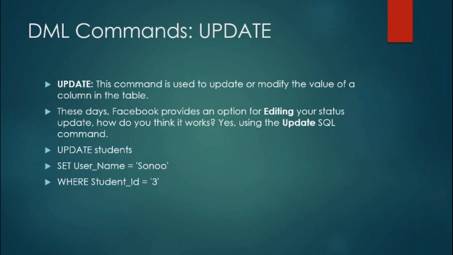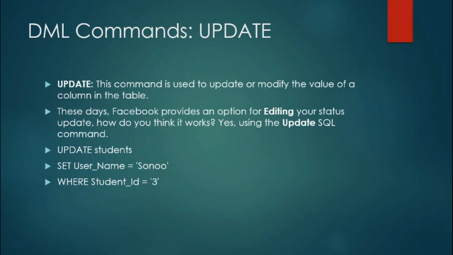It is like update, the name of the table. Then we write the keyword set along with the column name that you want to change. Here we are updating the username as Sonu, where the student ID is equal to 3.